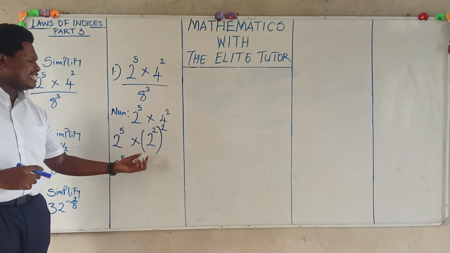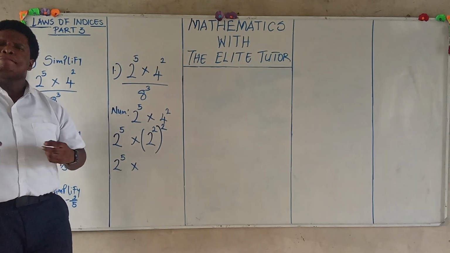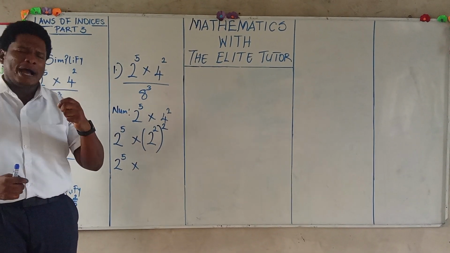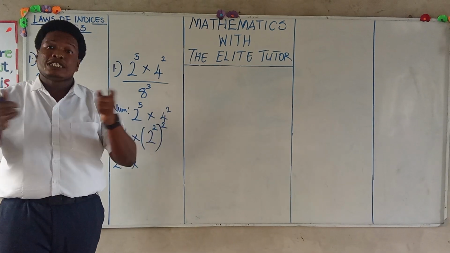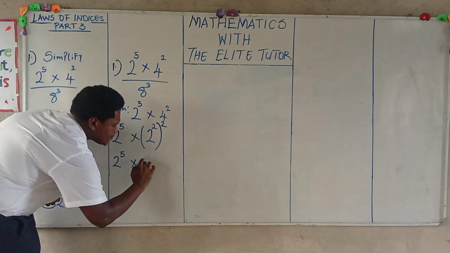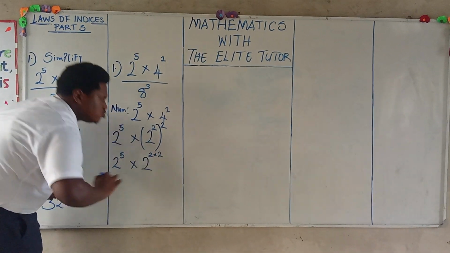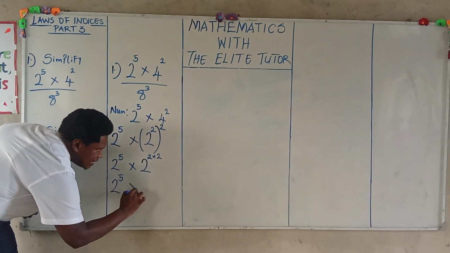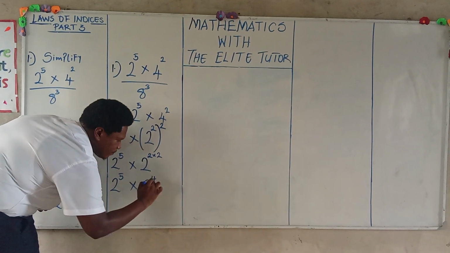Now we can go ahead to further simplify that. This is 2 raised to power 5 times 2 raised to power 2, all raised to power 2. We can see the power of power law. The power of power law says that when a power is raised to another power, we simply multiply both powers. So we're going to have 2 raised to power 2 times 2. So we have 2 raised to power 5 times 2 raised to power 2 times 2, which gives us 4.